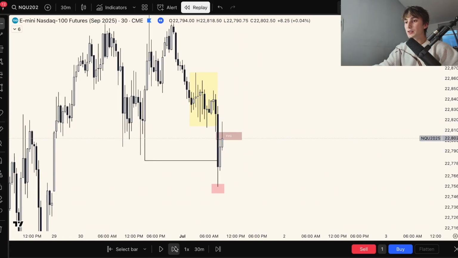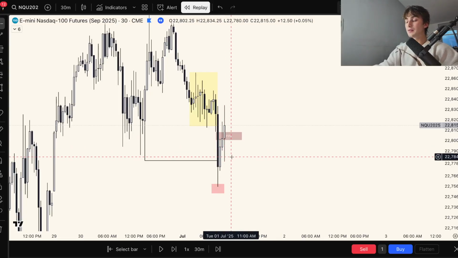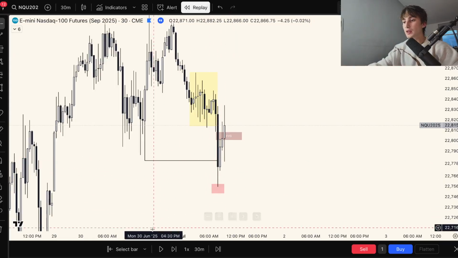And so going into New York session, we can see that this 30-minute is getting inversed. However, we're not executing on this time frame. This is only serving us the purpose of understanding the narrative that yes, we are bullish, we can look for longs.